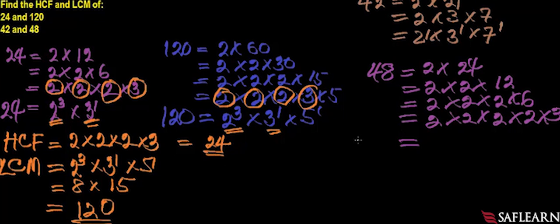Now expressing 48 as a product of prime factors in index form, 2 is multiplying itself 4 times, so this is 2 raised to power 4, and then this is 3 raised to power 1.